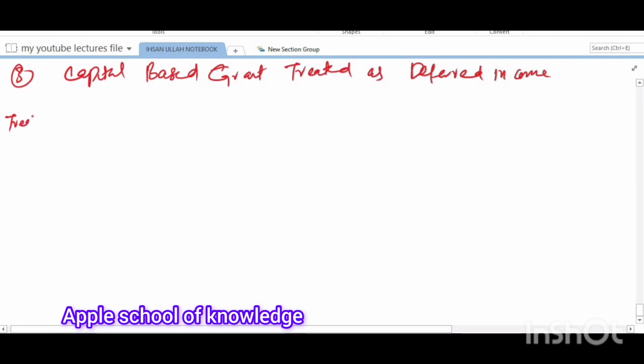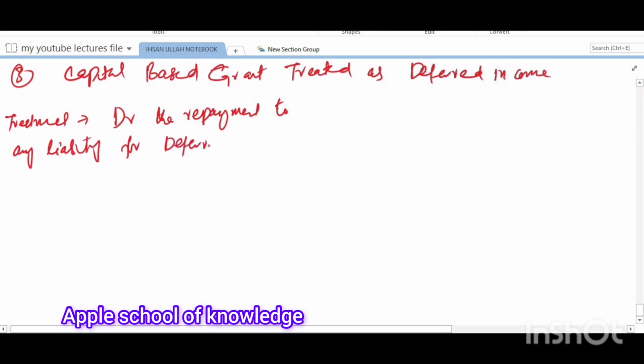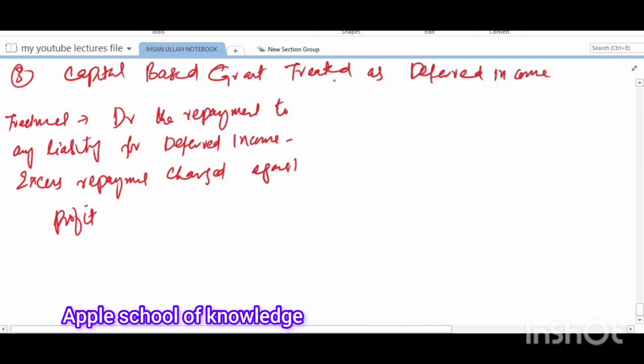So the treatment will be to debit the repayment to any liability for deferred income, and excess repayment charged against profit.